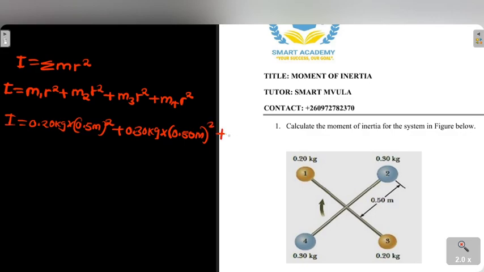Plus mass number 3, which has a mass of 0.20 kg, multiplied with the radius 0.5 meters, squared. Plus the fourth pin, which has a mass of 0.30 kg, times the radius 0.50 meters. Then we square the radius. So this is what we have.